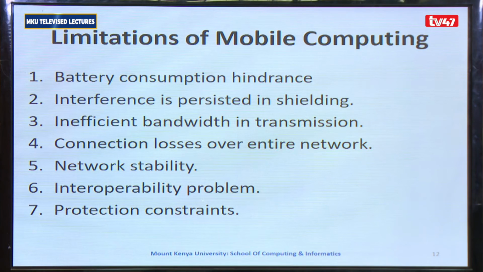The other limitation is inefficient bandwidth in transmission and connection losses over the entire network, where now and then there are reported cases of losses of connection once a base station is attacked or once one of the communication channels has been interfered with by natural causes or human-caused interferences.